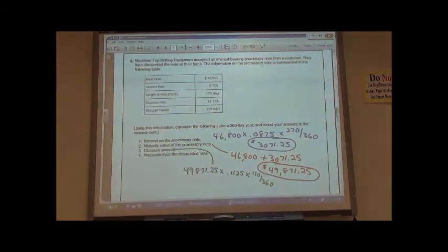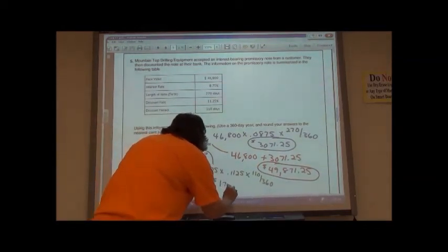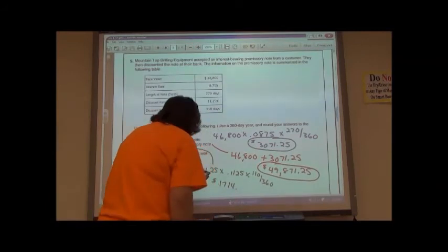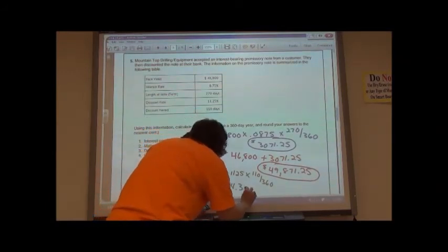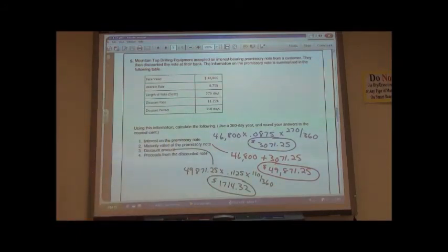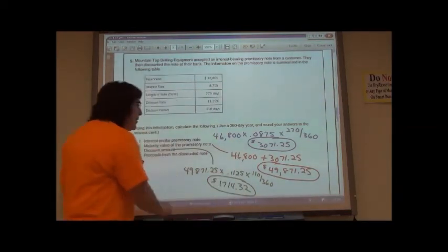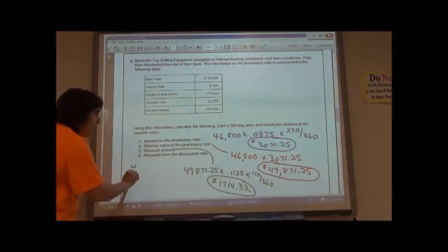So if I take that times my 11.25 times 110 divided by 360, the discount amount is $1,714, and I have 0.324, so just 0.32 when I round it off to the nearest cent. So the discount amount, $1,714.32.